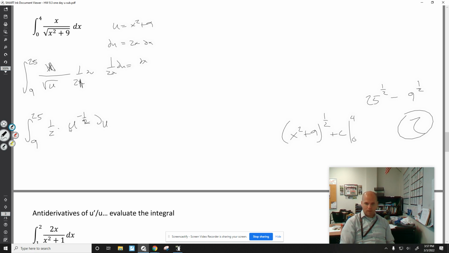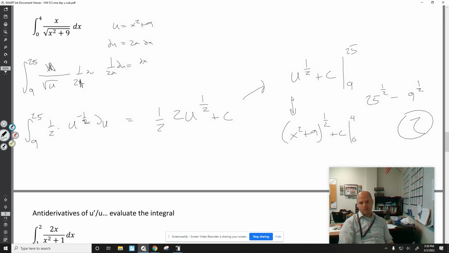I add 1, multiplied by the reciprocal. Adding 1 becomes u to the positive half. Multiplied by the reciprocal, that's a 2. The 2 and the 1/2 go away. This turns into u to the 1/2 plus c from 9 to 25.